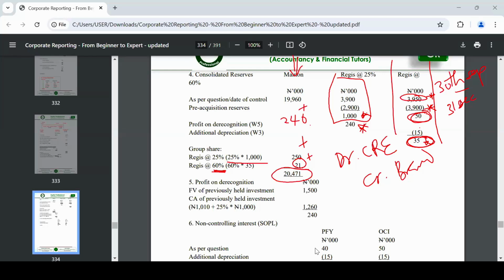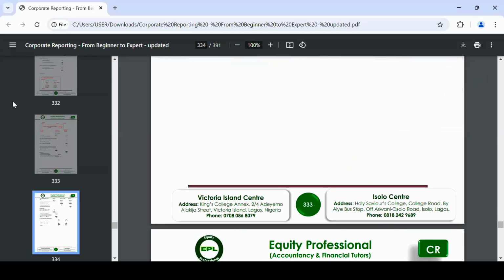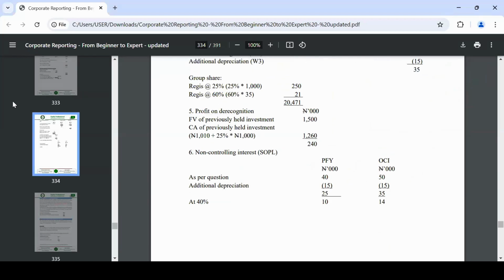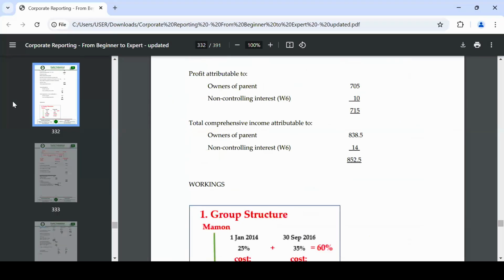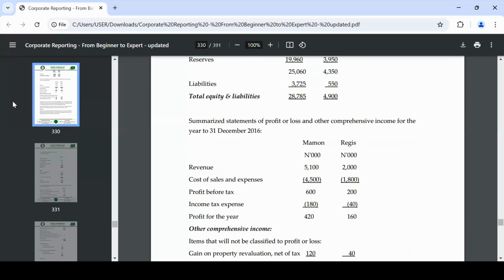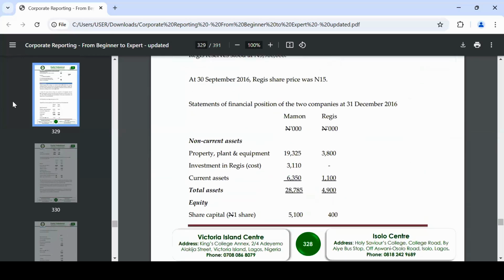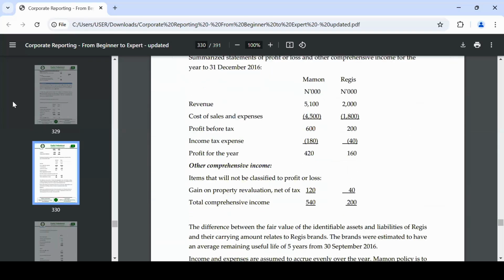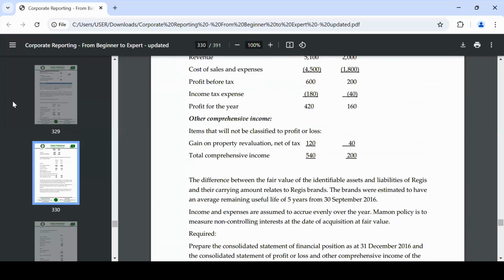All right. Now, I want to finish business with SOPL first. But what they have done here for NCI, if you look at your statement of profit or loss, you will see that there is other comprehensive income.